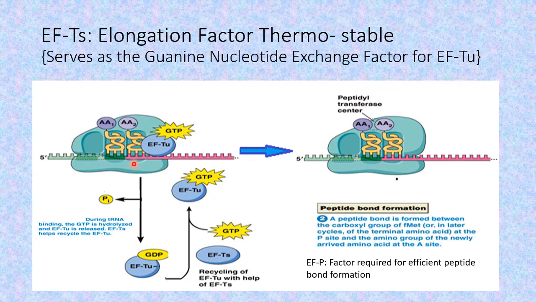Now with the formation of this hydrogen bond between the codons and the anticodons of the messenger RNA and the transfer RNA respectively, this process is energized by this elongation factor Tu.